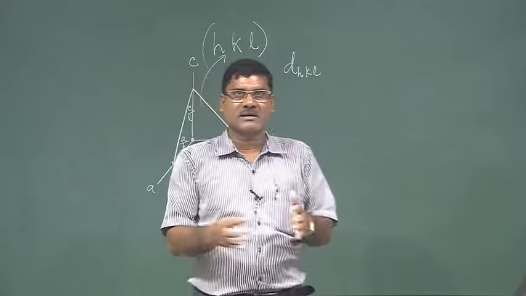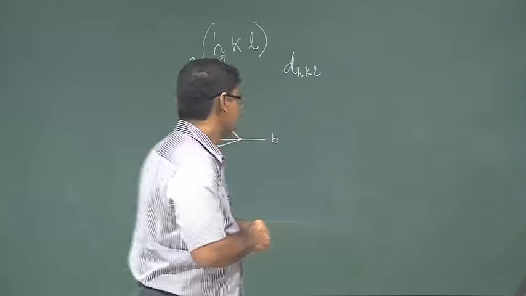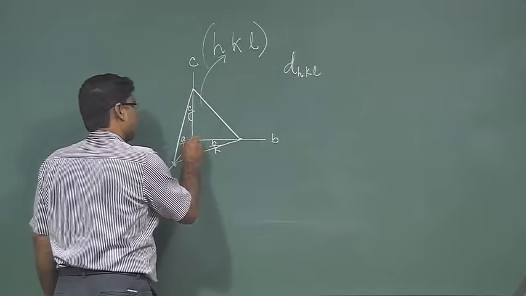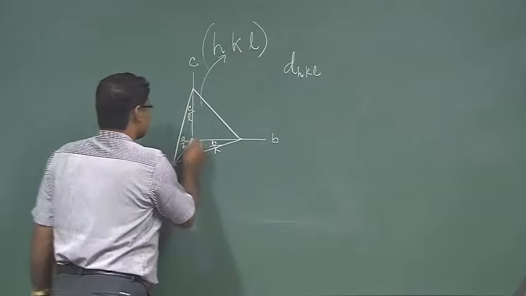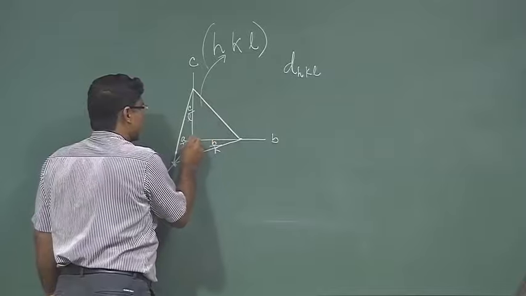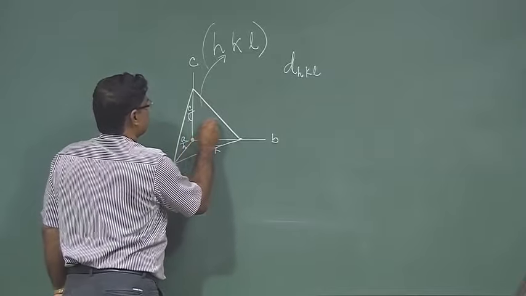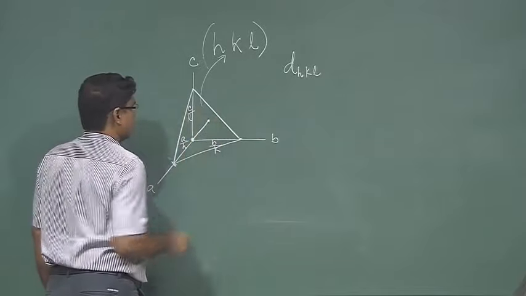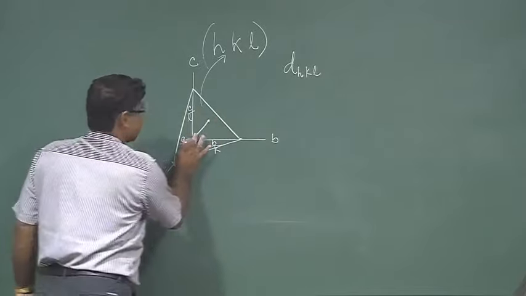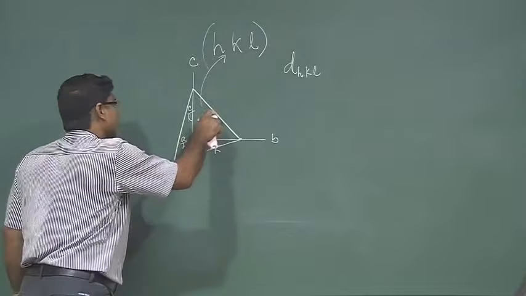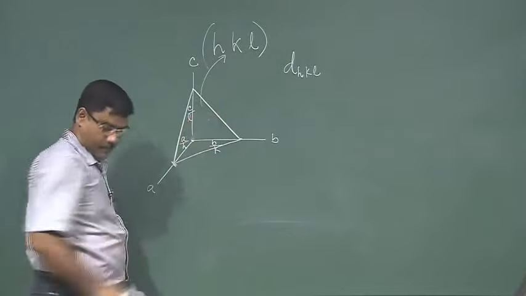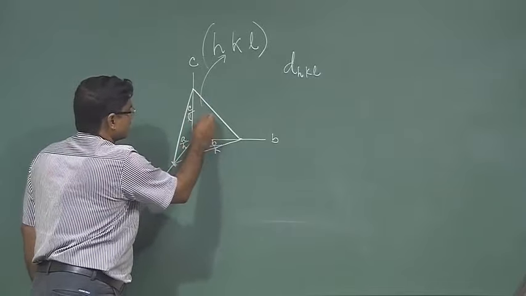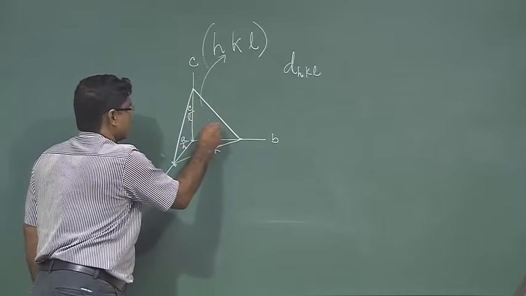So, interplanar distance, then I can consider that if I take normal on this plane from the origin. So, if I take normal, I think I should take slightly off, then it will be, say, this point.